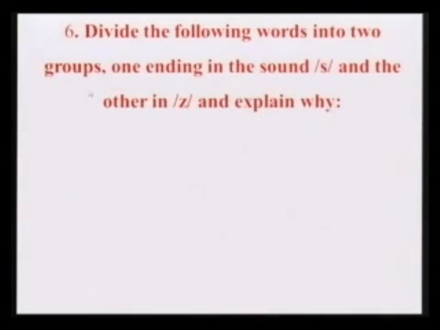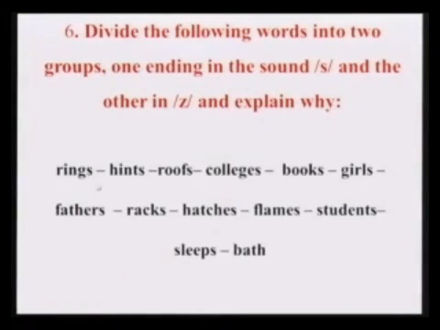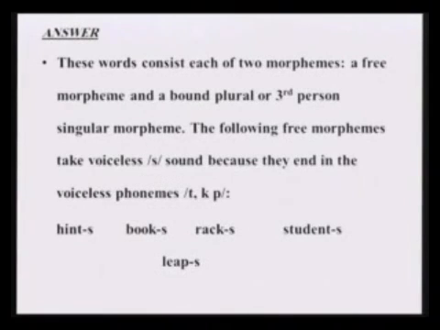Divide the following words into two groups, one ending in the sound s and the other in z. This is the assimilation rule. Rings, hints. So you know the difference: voiced takes voiced z, and voiceless takes voiceless s. Here is the list: hints, books, racks, students, leaps.